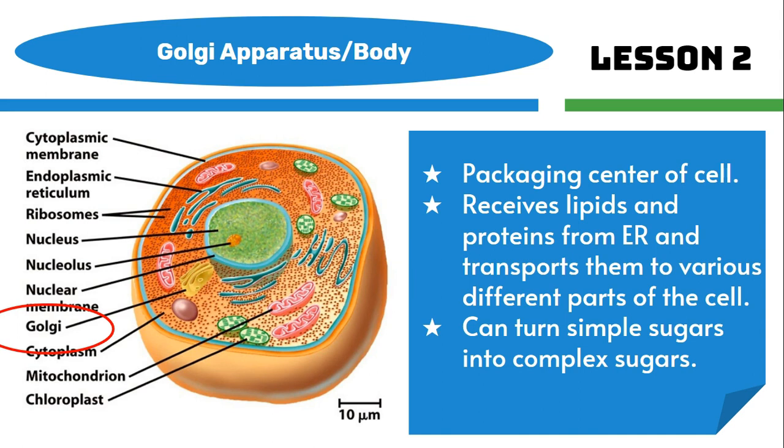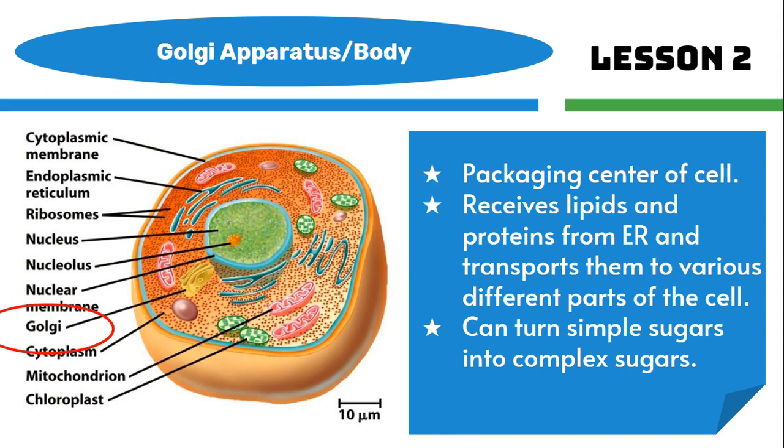It can turn simple sugars into complex sugars, and when it's transporting something, it can add some carbohydrates or some additional thing to the proteins and lipids and make them more functional and useful before it transports them to some other area of the cell. This organelle was first discovered by Camillo Golgi, so keep that in mind. So what does the Golgi apparatus do? It's the packaging center of the cell.